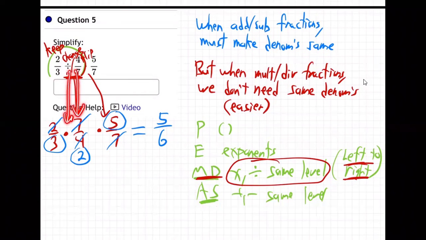Flip the 1 to the right, change to multiplication. And then we cross cancel. 7 and 7. They're totally gone. And 2 goes into 4. They're gone 2 times. And then you just multiply whatever's left over. 2 times 3 is left over on the bottom, 6. 5 on the top. There we go.